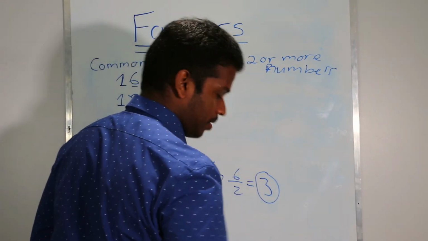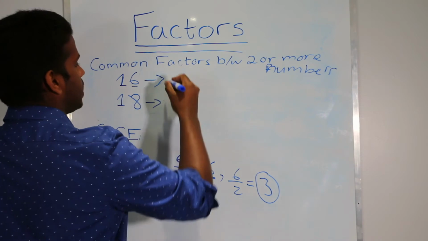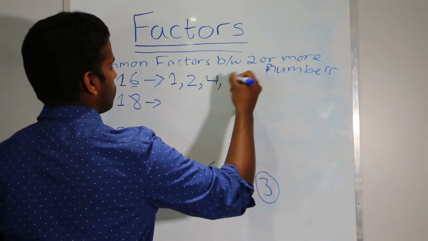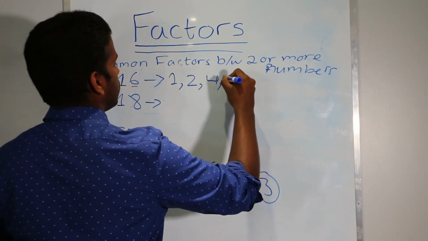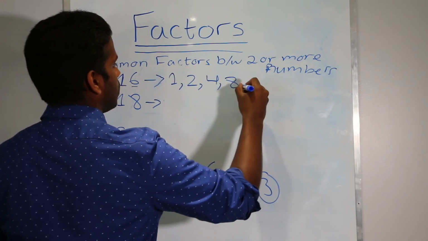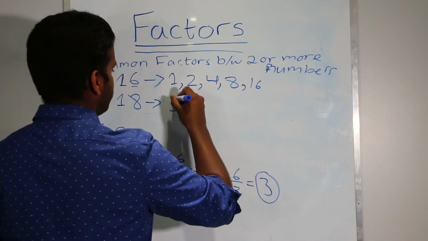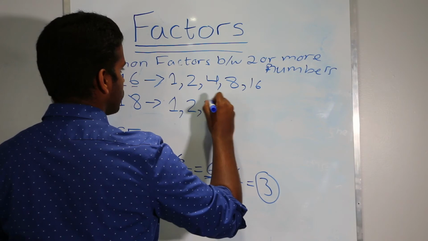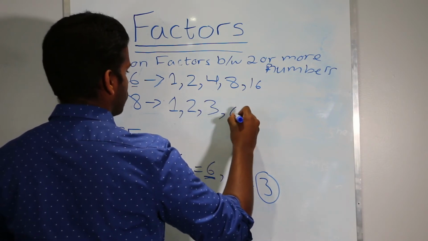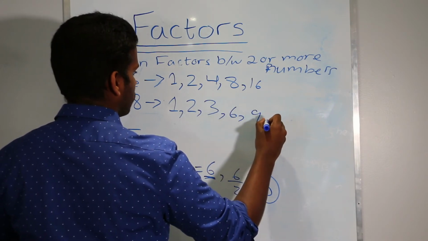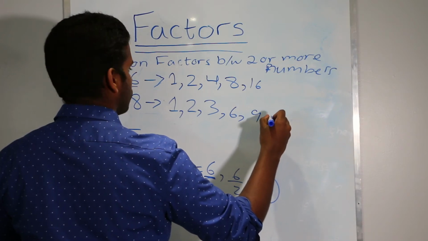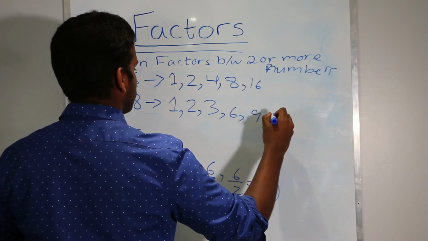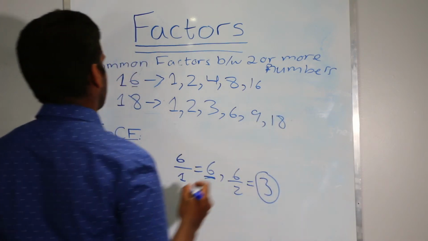16 and 18, you'd divide evenly by 4 and 4.